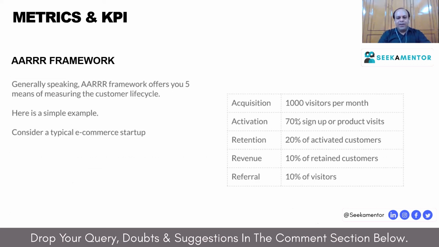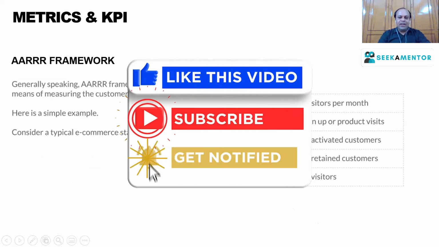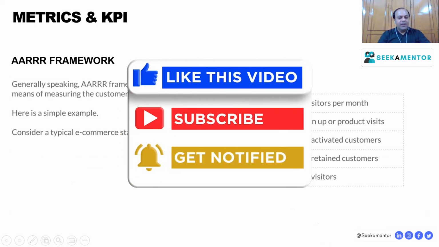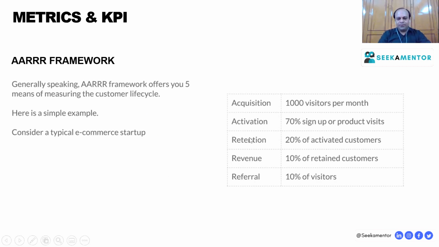And out of those 70%, 20% are actually coming back again and again. These are your retention, means if the customer is visiting once again, it is called retained customers. And out of these 20, another 10% are actually giving revenue next time. And how many of them are actually referring to other persons? These come under your referral. That's how your matrices have been designed.